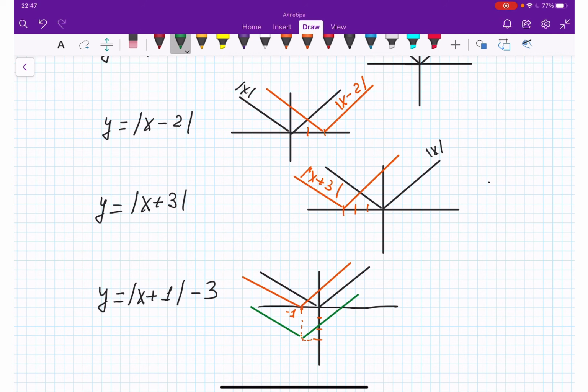So this vertex is going to be negative 1, negative 3, right? Because this one is negative 3. So what do we have? This is our absolute value of x plus 1 minus 3. This one is absolute value of x plus 1. And this one, as we know, is absolute value of x.